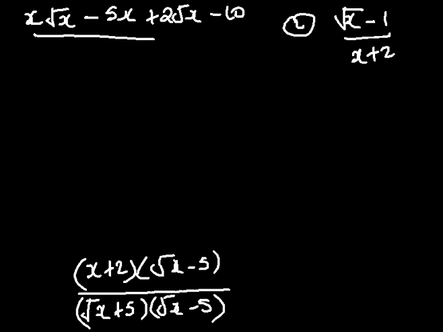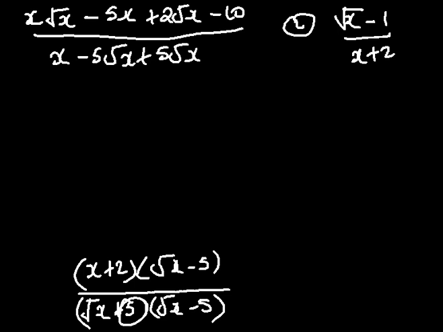And that is divided by the square root of x times the square root of x, which is the same as x. And the square root of x times negative 5 is negative 5 times the square root of x. And positive 5 times the square root of x is positive 5 square root of x.